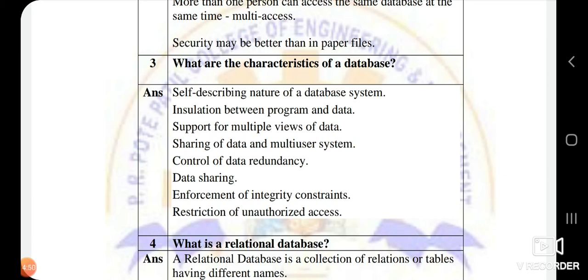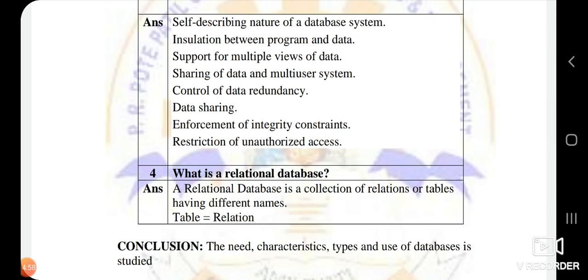Then what are the characteristics? It is self-describing. There is insulation between programs, support for multiple views, sharing of data, multi-user system, control of data redundancy, enforcement of integrity constraints, and restriction of unauthorized access. If data is stored in a file, someone can access it, but here you have to give your login ID, your password, and so many credentials. So data here is completely safe.